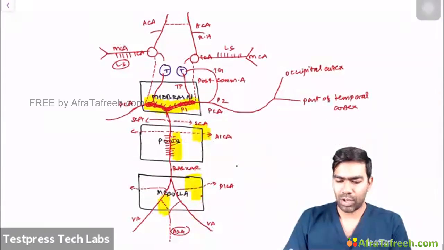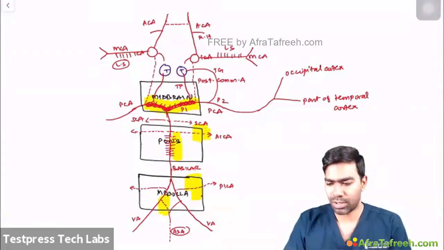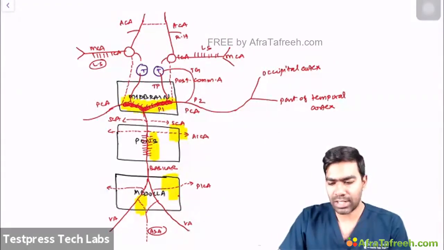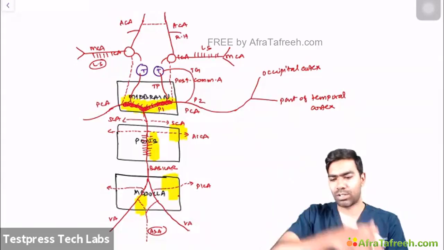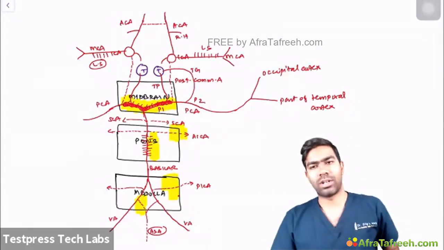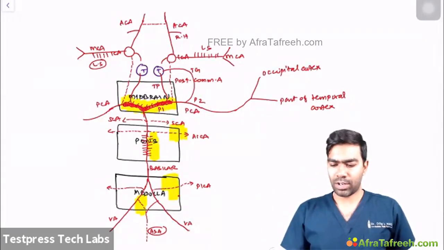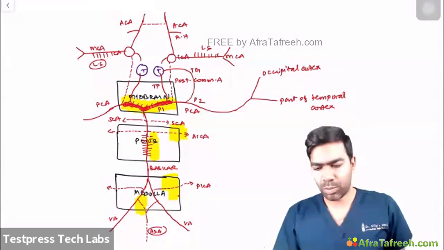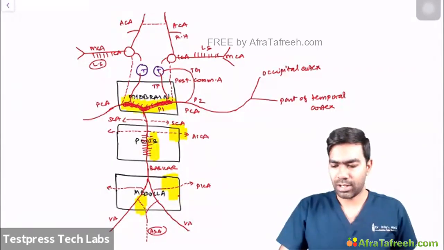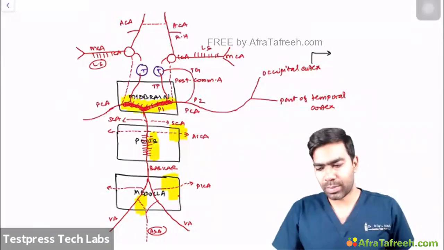Whenever you talk about a brainstem stroke, or a posterior circulation stroke, the first thing is, let us come from the distal most areas to the proximal most areas. Let us start with our occipital cortex. Whenever you have a problem in the posterior cerebral artery, the first thing that can be affected is the occipital cortex.